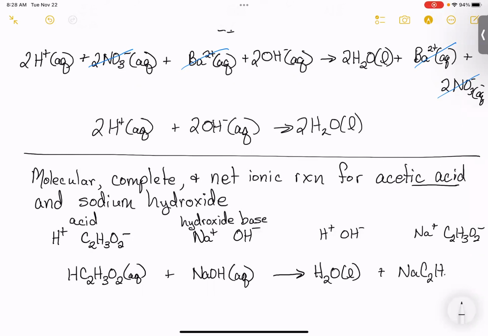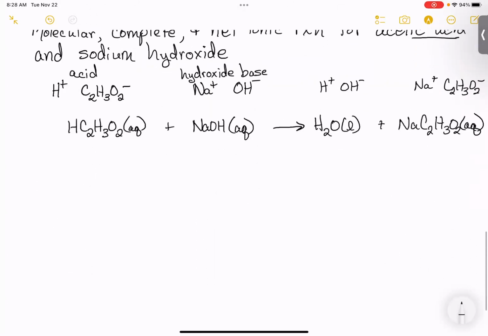And again, the sodium acetate salt will be aqueous because it does contain that sodium ion. And that is rule number 1. Like I said, rule number 1 and rule number 2 of your solubility rules are critical. This reaction is balanced the way it is too.